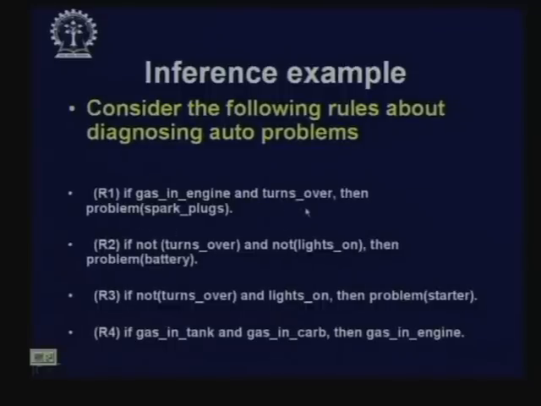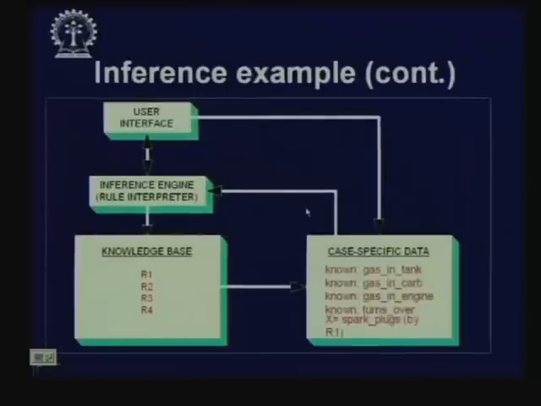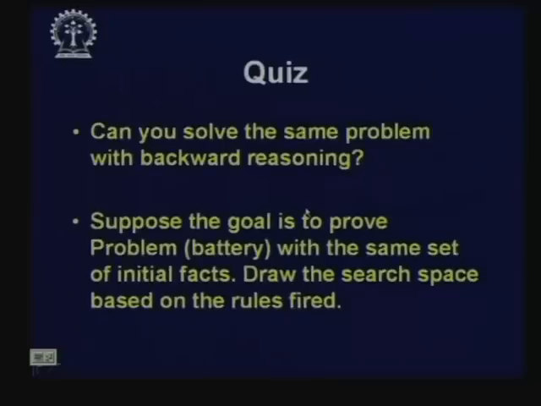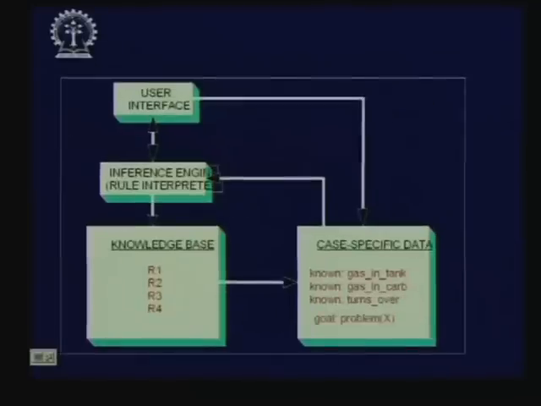But how would you have done it with backward chaining? Just try it yourself. To make it more specific, suppose our goal is to prove that the problem is with battery, with the same set of initial facts that we have given. Note down these initial facts.